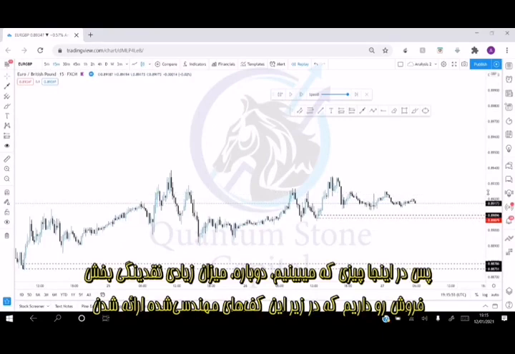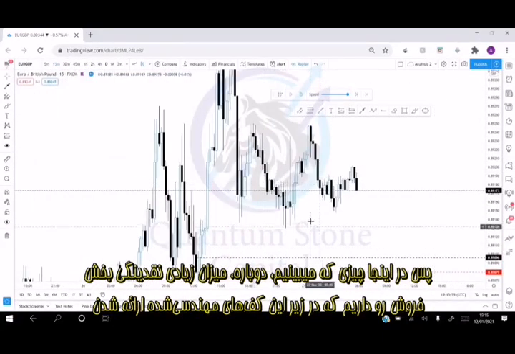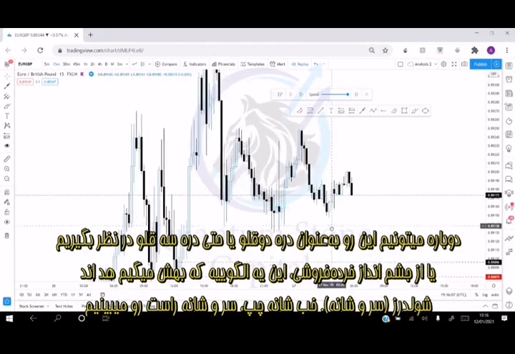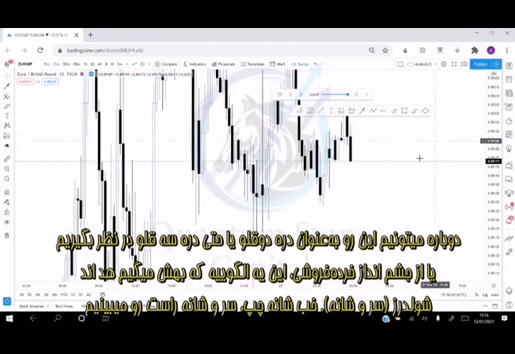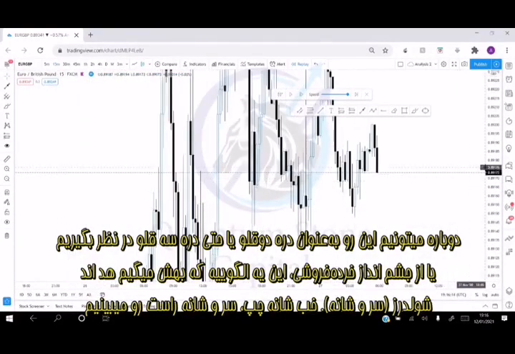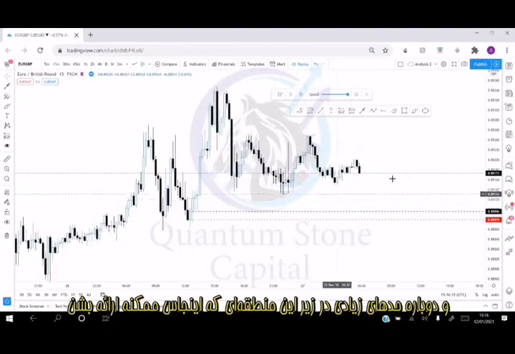What we can see present here is, again, we have a lot of sell side liquidity present below these engineered lows. We could consider this as a double bottom or even a triple bottom, or from a retail perspective, this is a pattern called a head and shoulders. So we see that left shoulder, head, right shoulder, and again, a lot of stops will be present below this area here.